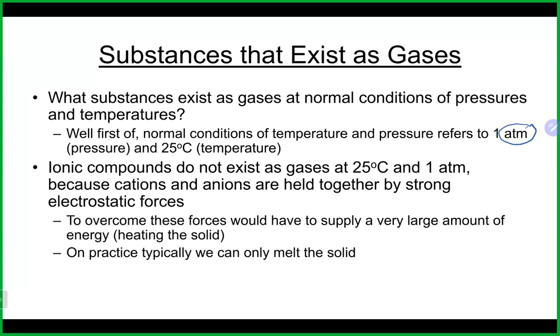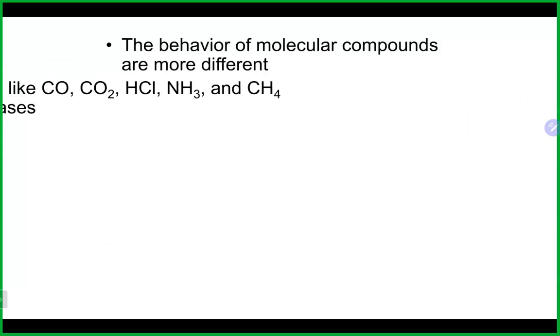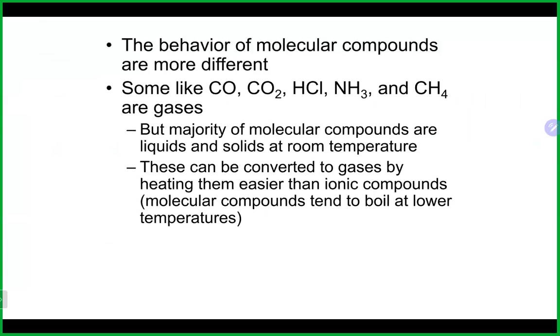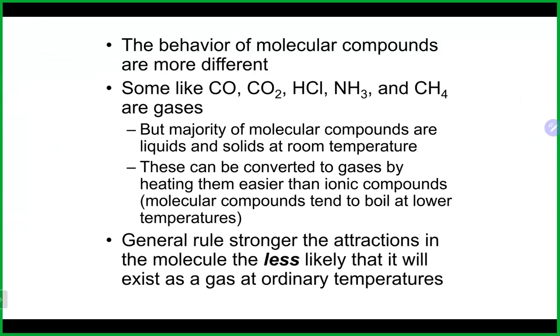Now, covalent compounds or molecular compounds are a little bit different than ionic compounds. These are the compounds held together by sharing of electrons. Things like carbon monoxide, carbon dioxide, hydrogen gas, ammonia, and methane, which comes out of the gas jet when you light your Bunsen burner.